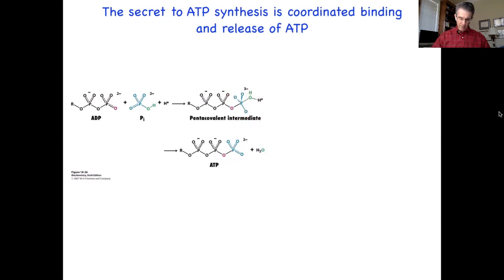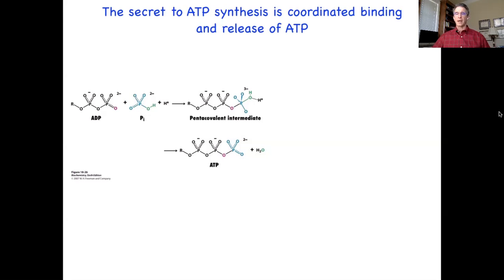There's that water molecule coming in. This would dissociate. You get all this negative charge in that pentacovalent intermediate. That's a super high energy transition state. It's the reason that ATP hydrolysis has a high kinetic barrier. It's kinetically stable, even though thermodynamically, this thing really wants to split that guy off and create that new acid oxygen group and this free phosphate.